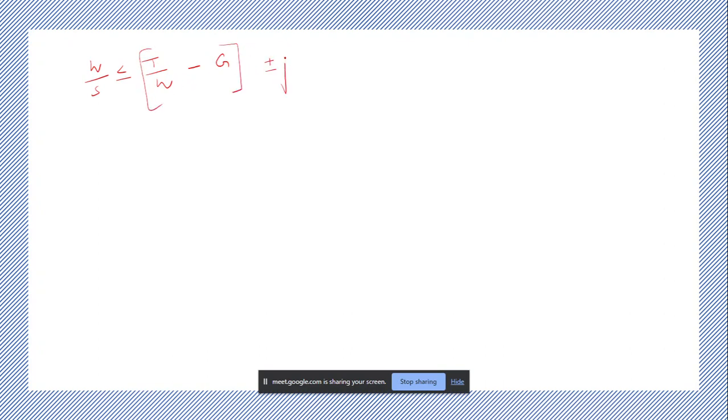So minus square root of (T by W minus G) for CD naught, if I'm not incorrect.